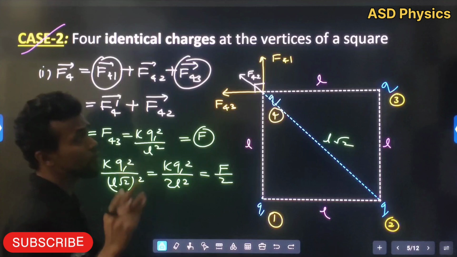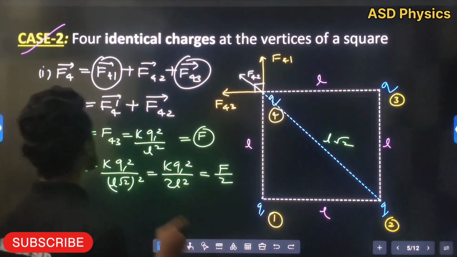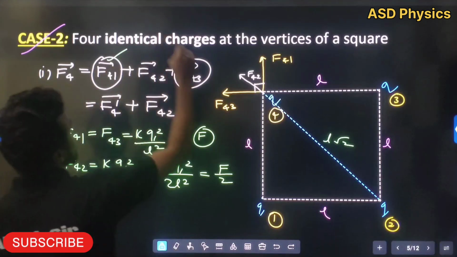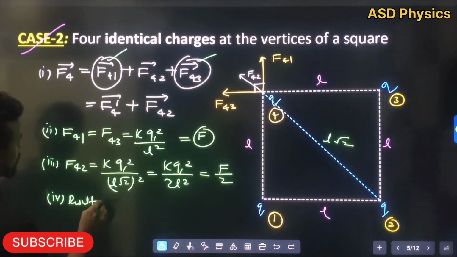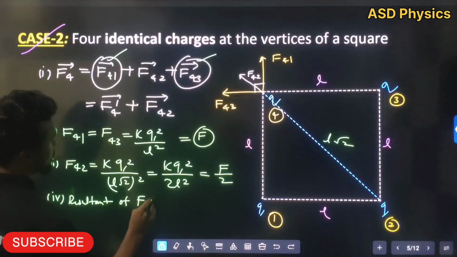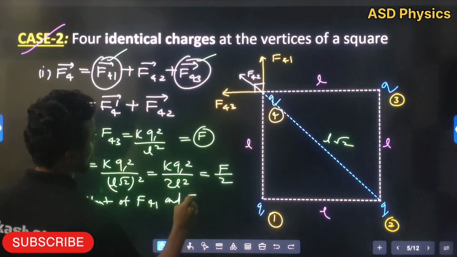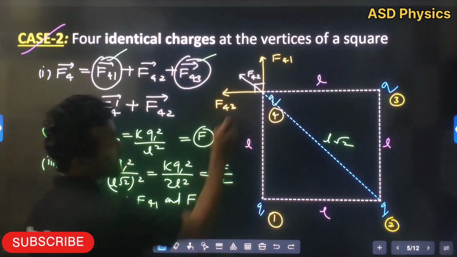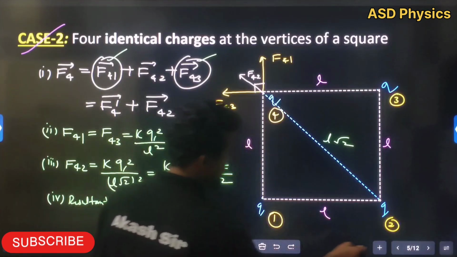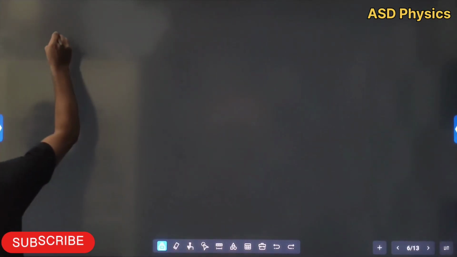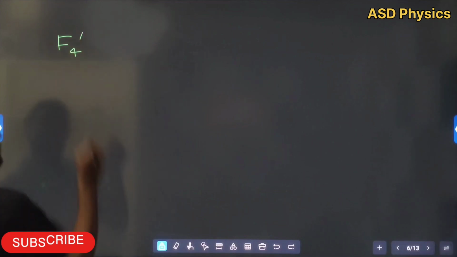Now what are we going to find out? We are going to find out the resultant of F41 and F43. How much angle is there? 90 degrees. Okay, students. So let me write F4 dash.